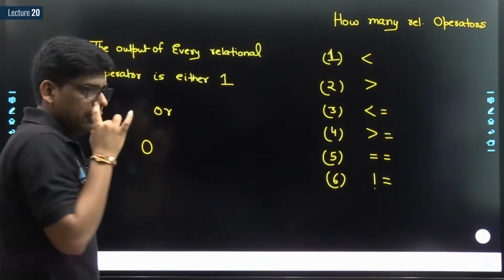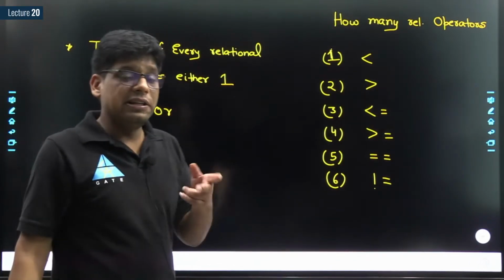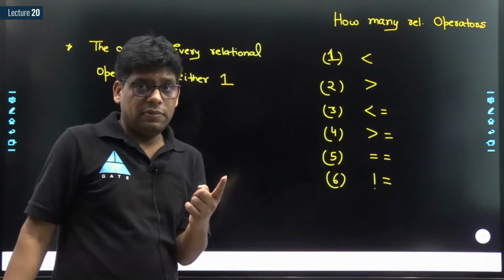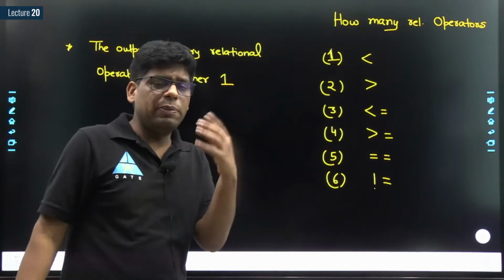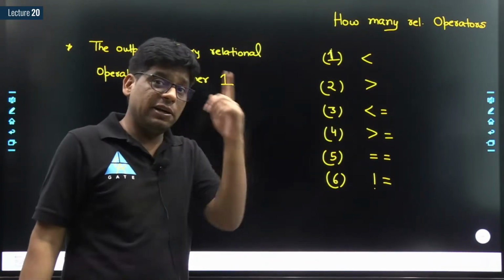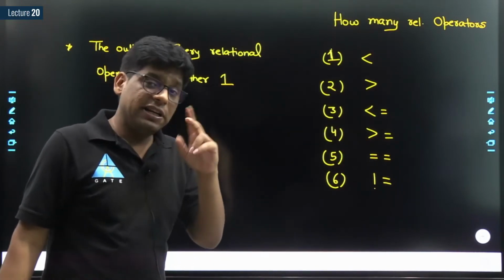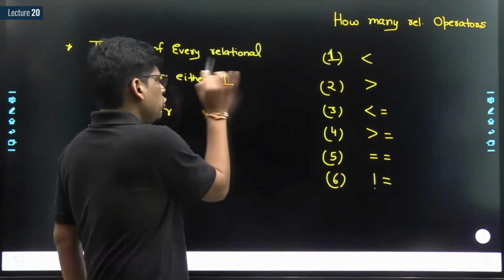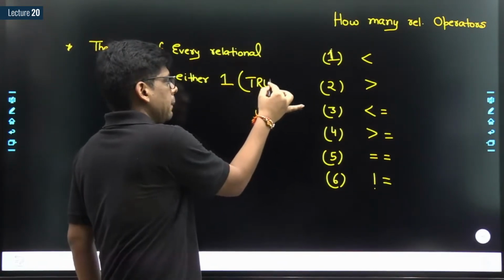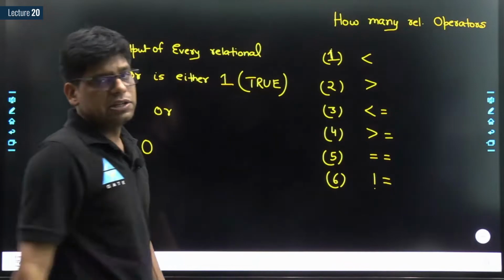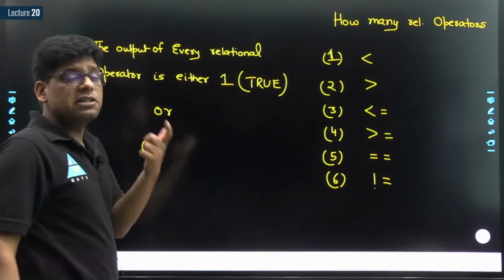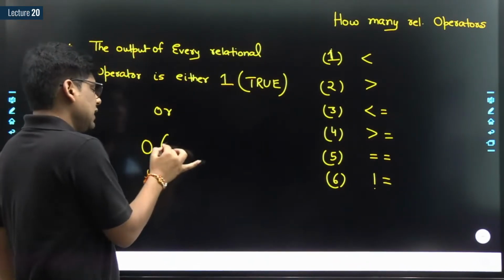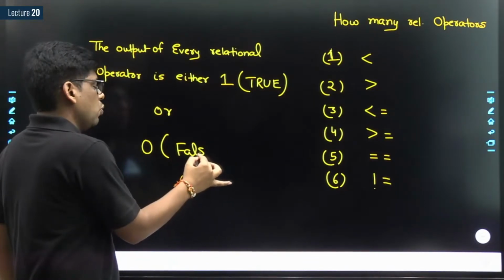When is it 1? Relational operator is nothing but a statement. If the statement is yes, or if the statement is true, then the output is 1, or the result is 1. But if the statement is false, then the result is 0.